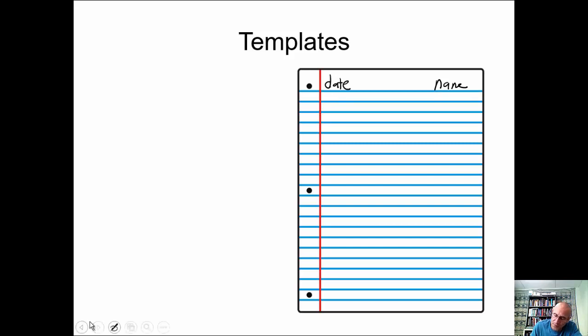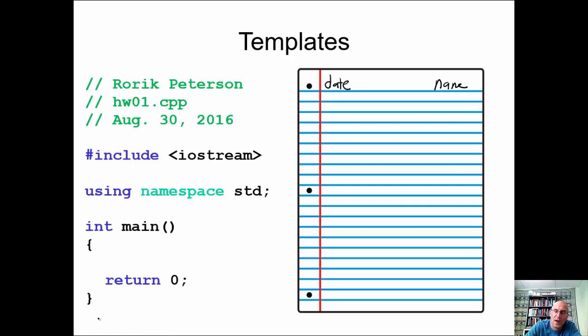And we're going to have a template for C++ programs as well. They're going to look something like this, where at the top we're going to have a series of comments. That's what these green lines are showing, which will have your name, the homework assignment name, and for example, what the date is. And then you're going to have a couple things here that's like the date and name on the piece of paper. You're going to have this include statement. You're going to have this statement that says using namespace std. We'll talk about that a little bit more.